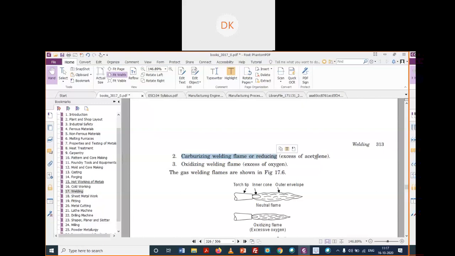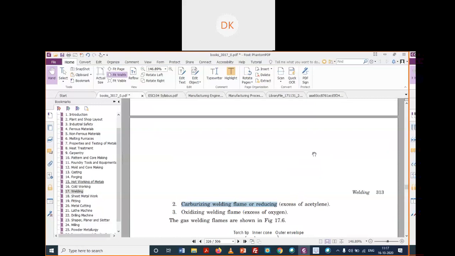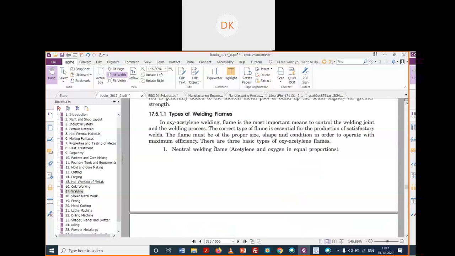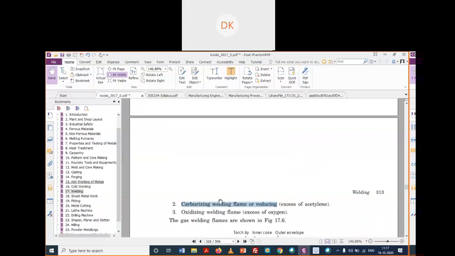Remember, here we have excess of acetylene. Acetylene is the fuel, so when there is excess fuel, we have a carburizing flame.